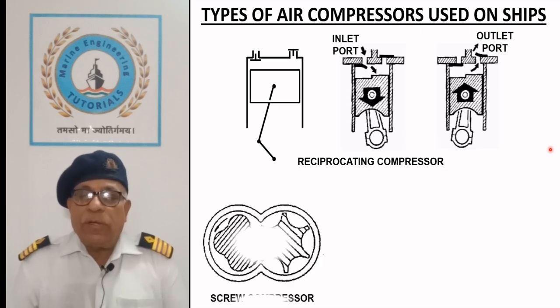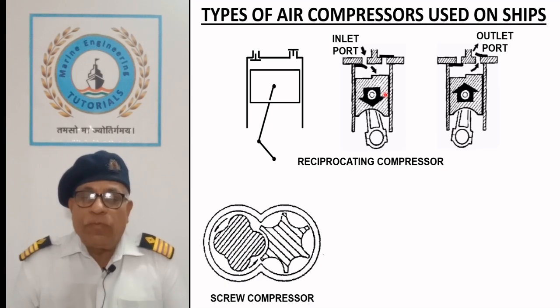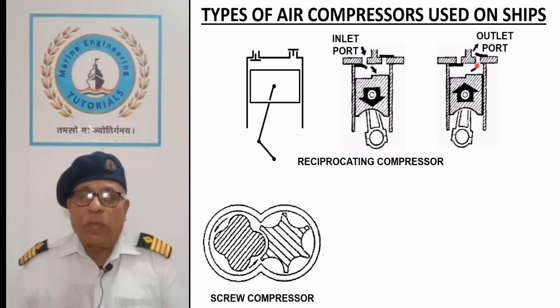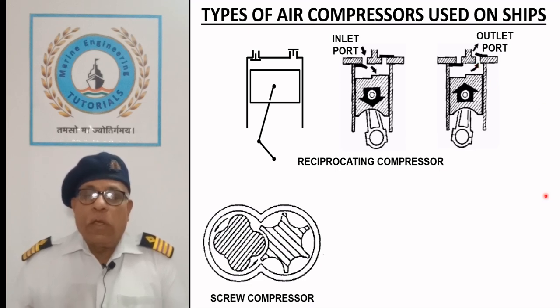When the piston is on its downward stroke, it draws air into the chamber. When it is on its upward stroke, air is discharged into the air receiver. Reciprocating compressors used on the ship may be of three types.